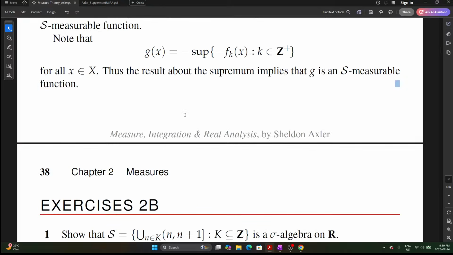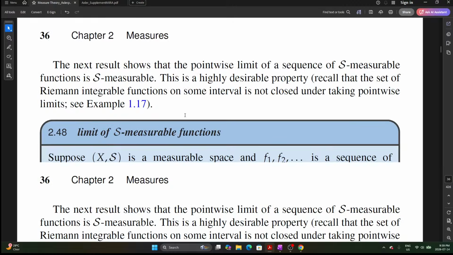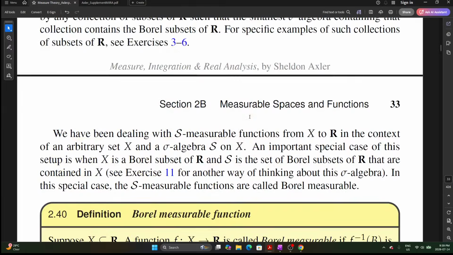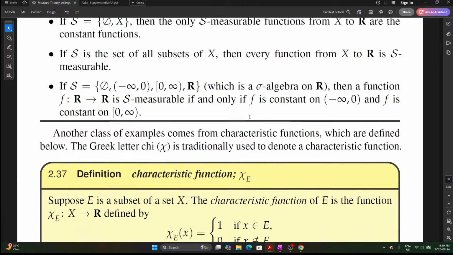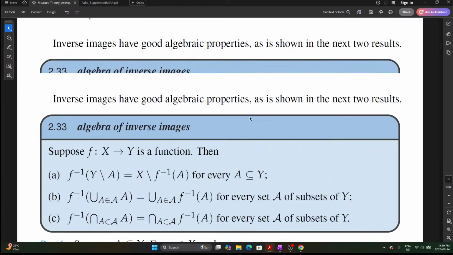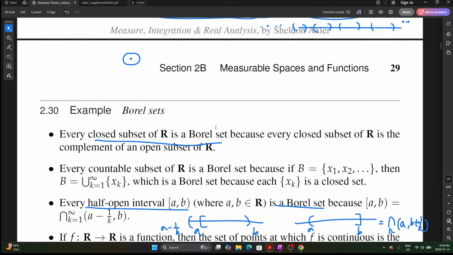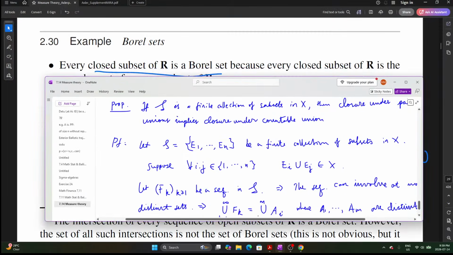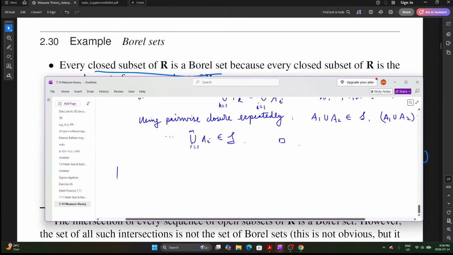So let's summarize what we have here. Hold on a second. Well, let's come to the examples of Borel sets. So the last one seems particularly interesting. The definition.